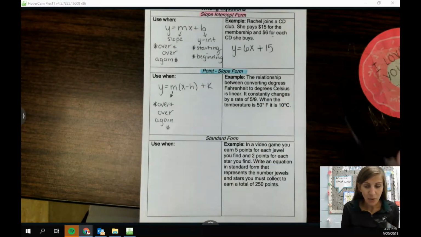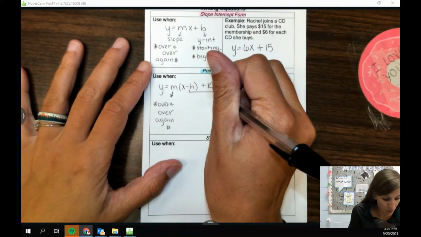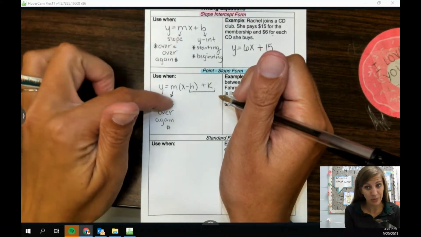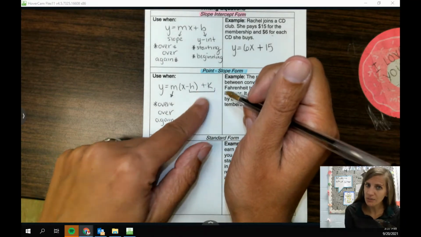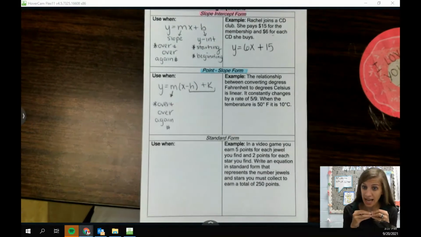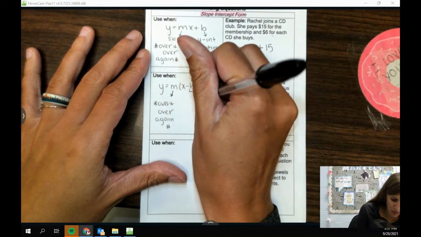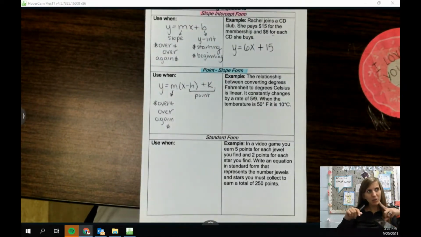However, in point slope form, these next two numbers, so I have a total of 3 numbers, which is different than this one. So 2 numbers here, 3 numbers there. That's kind of a cheaty way to know. These two numbers kind of belong together. Graphically, they were your point that you plotted first, but technically there are 2 numbers there.